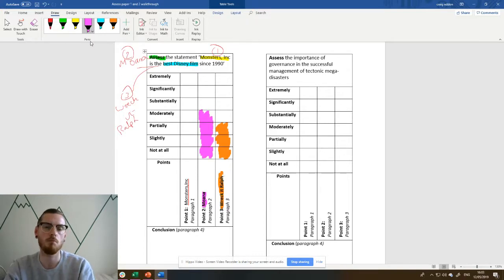And the reason why I've gone with moderately is at the end of my paragraph, I'm going to make a judgment, is that I think Moana is only moderately the best Disney film produced since 1990 because the Pacific Islander culture that the film is orientated around, I think has less interest globally. Less people globally will be able to connect themselves, their lives to that culture.